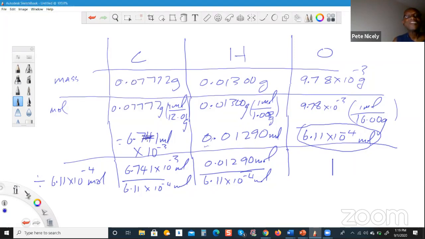This here should be 6.47. Why did this happen? This should be 6.47 here. I don't know why it's not writing. Oh my goodness, I hate when this happens.